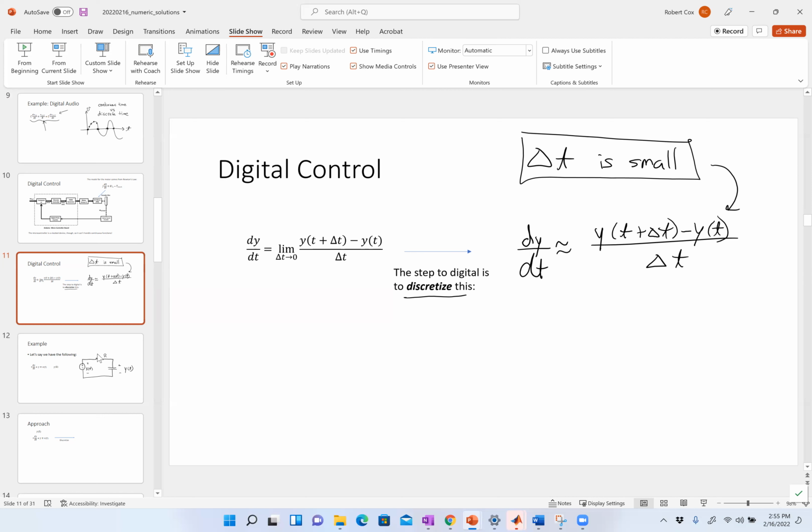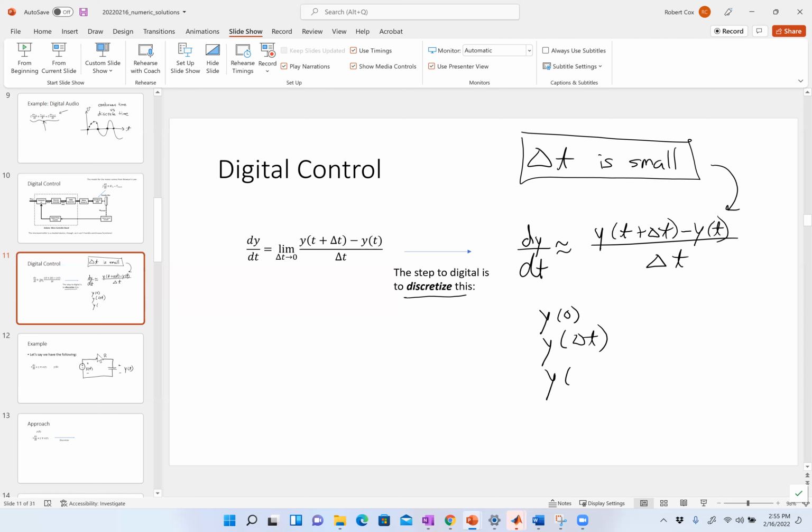So I try to look at solving for y of 0. And then what would be the next time I could solve for with this? What would be the first t value I could solve for, probably? 0 plus delta t, yeah.